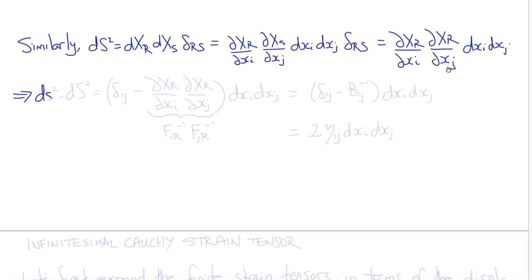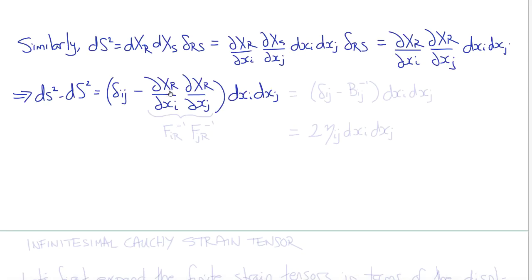So again, taking the squared length changes, d little s squared minus d big S squared, we this time would get delta ij minus del Xr del xi, del Xr del xj, times dxi, dxj.